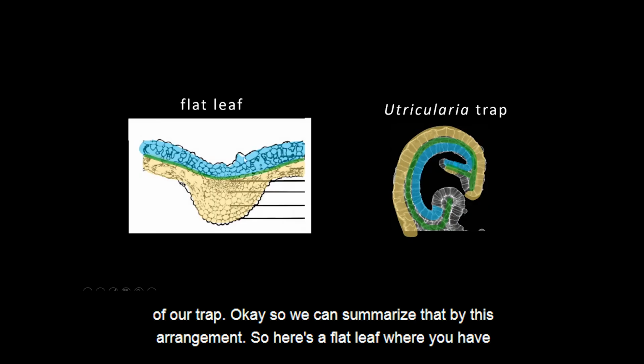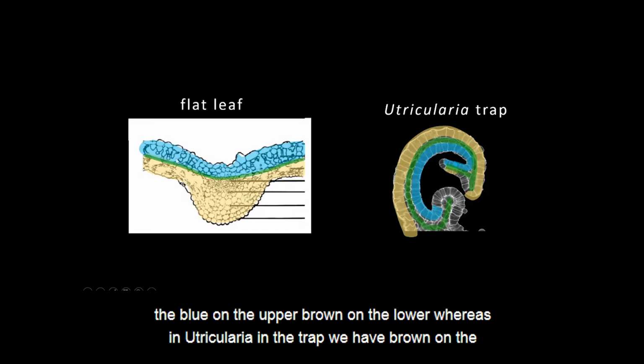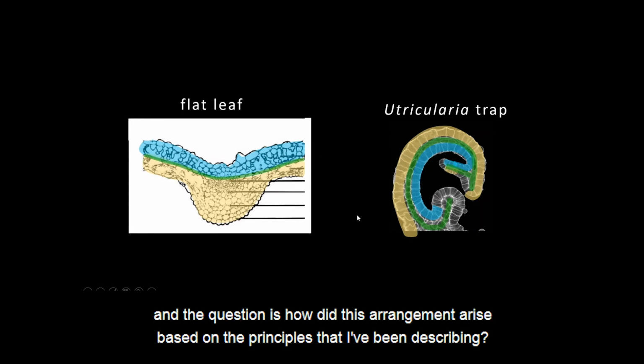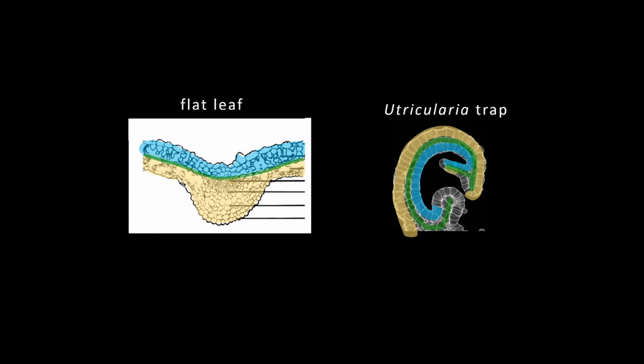Here's a flat leaf where you have the blue on the upper, brown on the lower, whereas in Utricularia, in a trap, we have brown on the outside and blue on the inside. So the blue inside corresponds to the upper surface of the flat leaf. And the question is, how did this arrangement arise based on the principles that I've been describing?